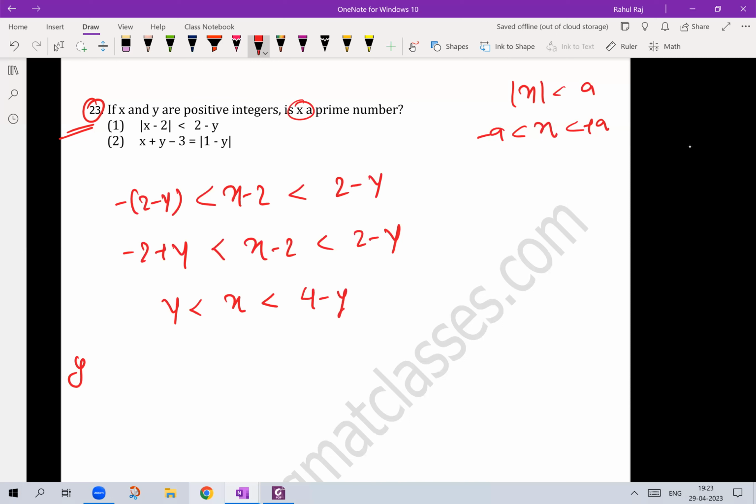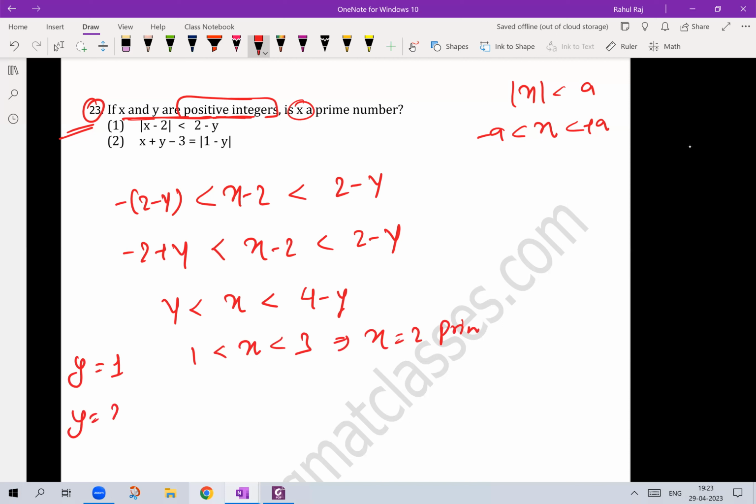They are telling us x and y are positive integers. Neha, when they say positive integer, it means 0 will not be considered at all. Positive integer means 1 to infinity, not 0. If I take y equal to 1, x lies between 1 and 3, so x is equal to 2. This is a prime number.